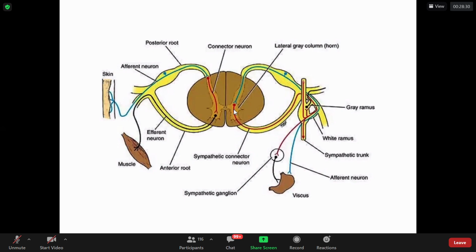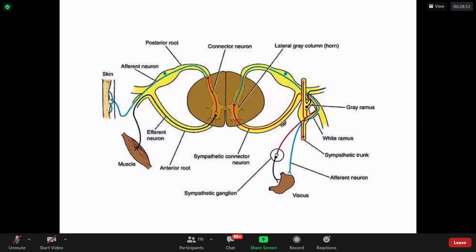You have the ability to understand that somatic and autonomic nervous systems are present on both the sides. But just for simplification, they have drawn the somatic nervous system on the right side and the autonomic on the left side.